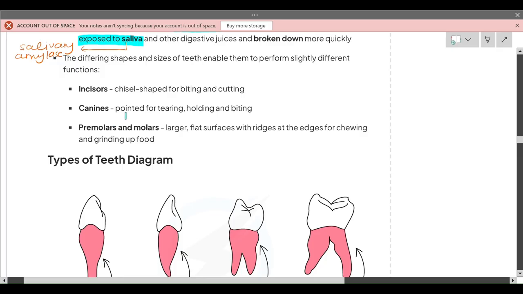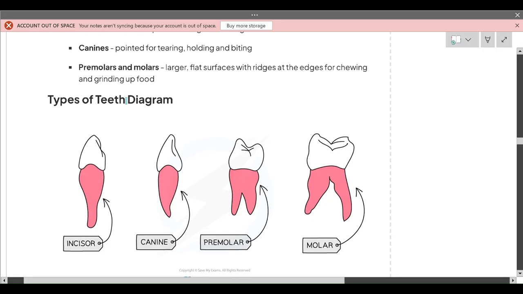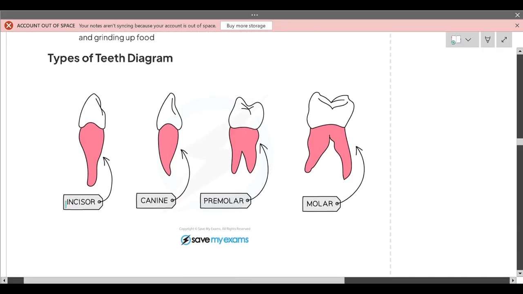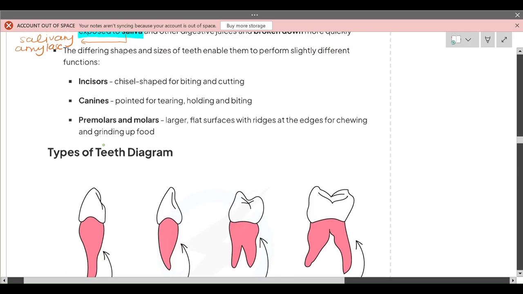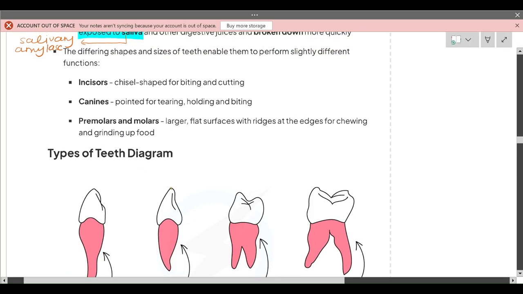They wouldn't ask you to draw the diagram. They can ask you to identify. So you can say these are the different types of teeth: the incisors, the canines, the premolars and molars. You should be able to answer by looking at them which type of tooth it is. You can see the canines are more pointed and sharper, and the incisors are less pointed.